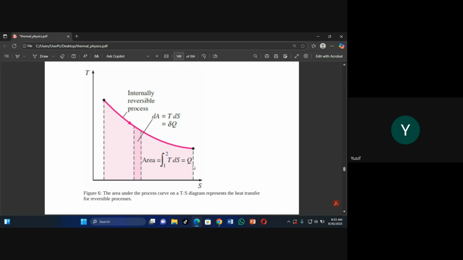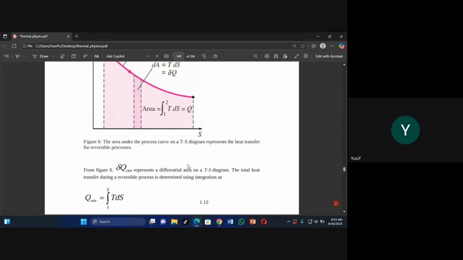The entire area is known as the heat that is being transferred, or heat within the system, from this internal reversible process. But if you take this small portion within that reversible process, we have a small change in heat. But if you take the whole thing, it's given by the total heat within the system. Please, I hope you are making sense. Yes, please.